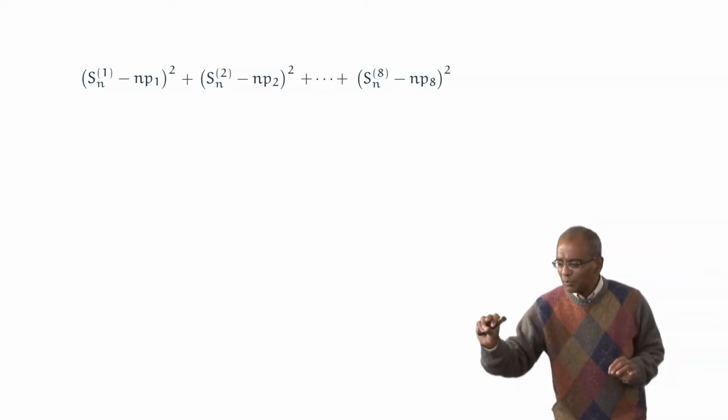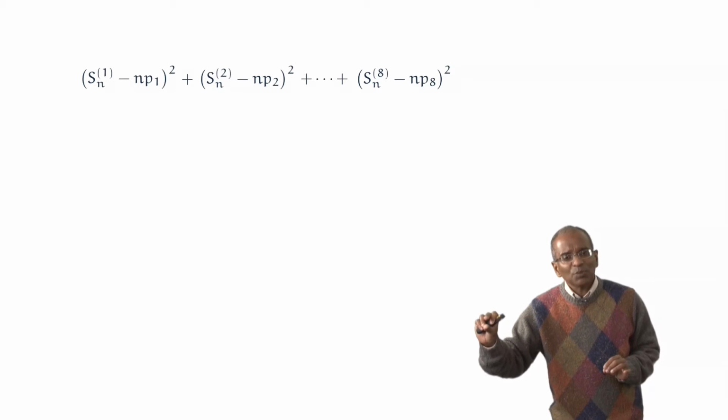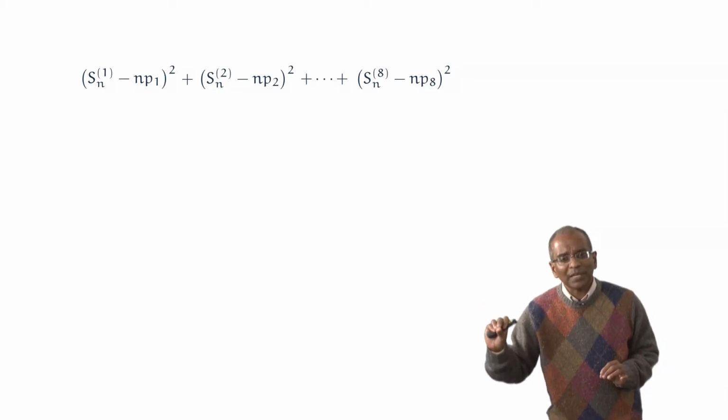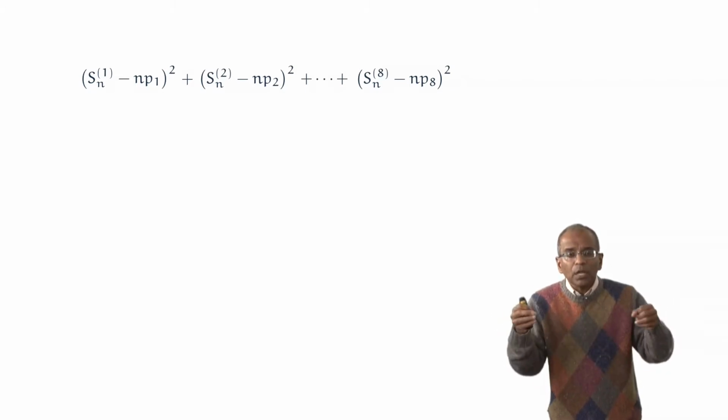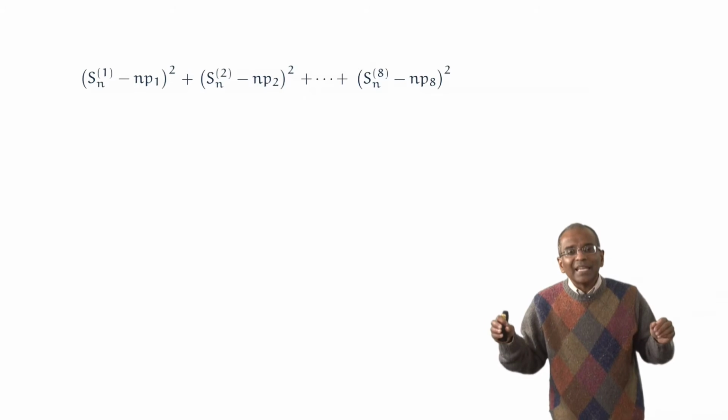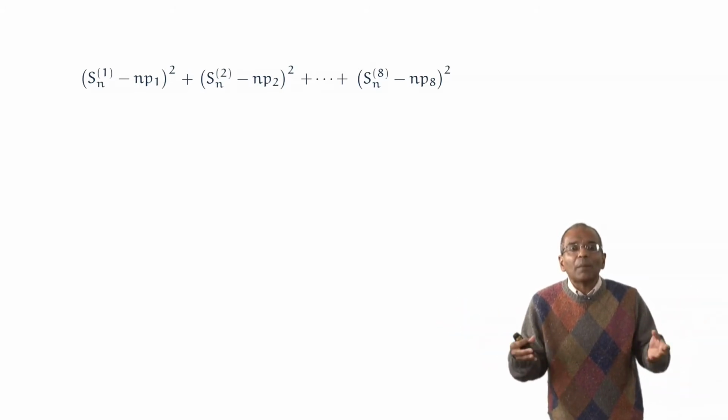Recall that the first IQ bin has a very small probability, 0.02 or something like that. The IQ bin in the middle has a relatively large probability, 10 times that. Which means that in a random sample, there are going to be very many more elements in the middle than there are at the extremes. Which means that the estimates in the bins at the extremes are going to be underrepresented.